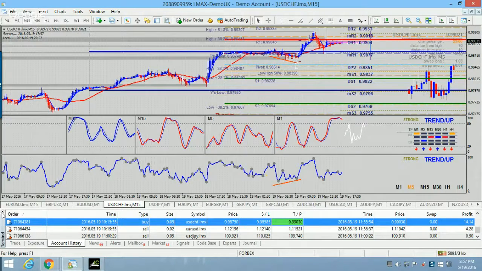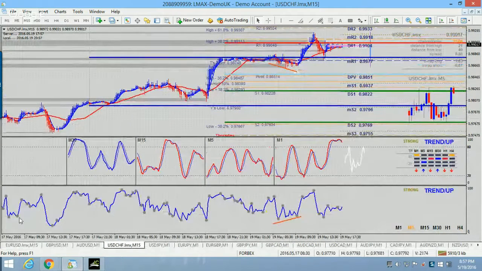Good. So now you know for sure how you can use the divergence aspect of our multi-time frame indicator that we are going to benefit from. Now you also understand why supply area, resistance area, and Fibonacci lines are really important.